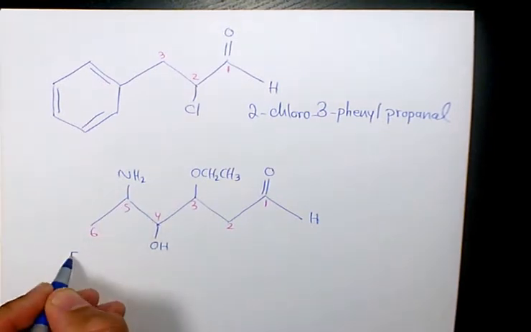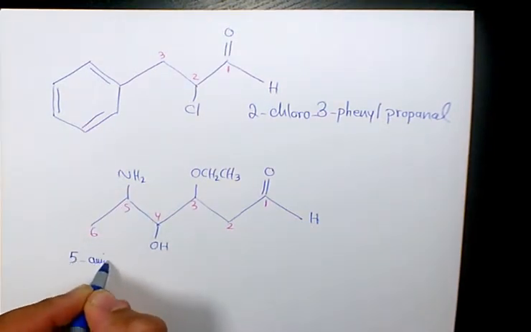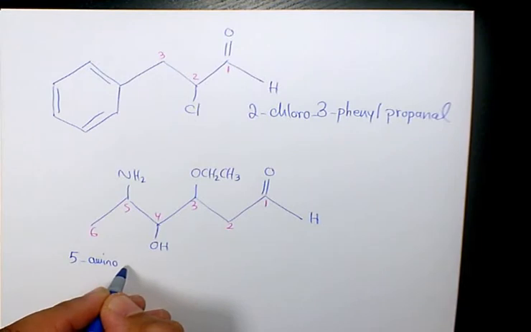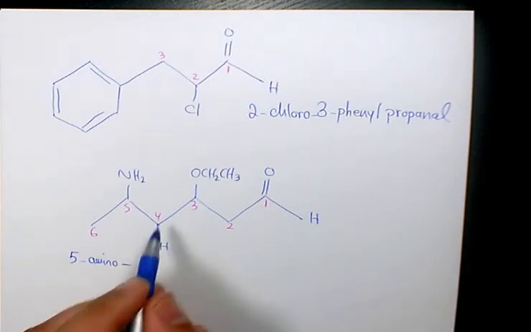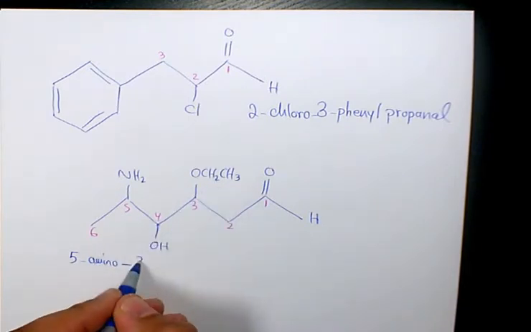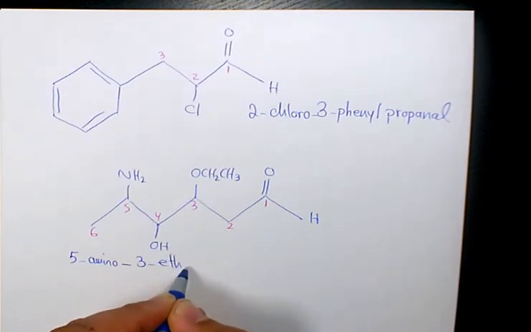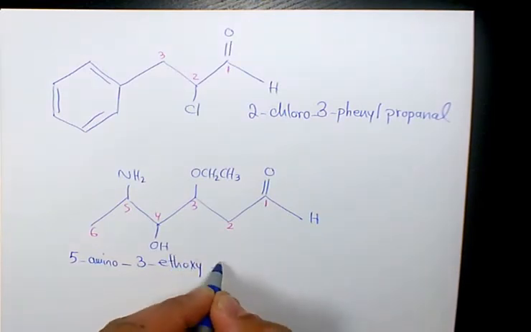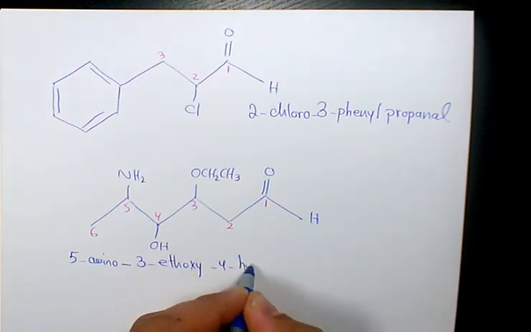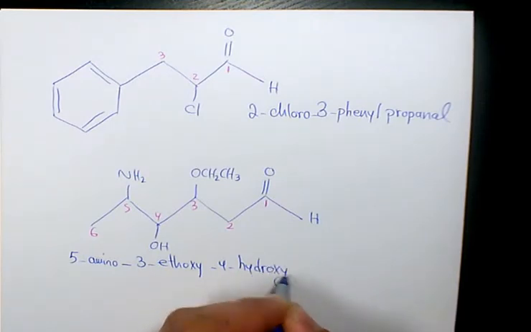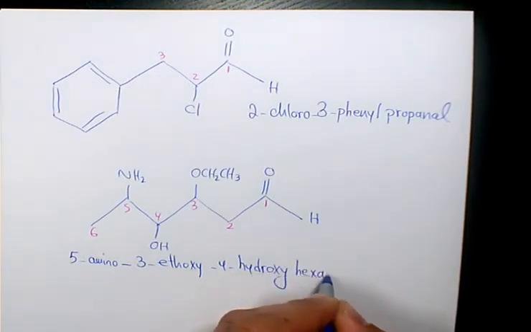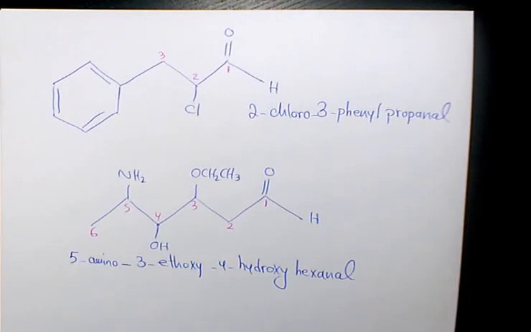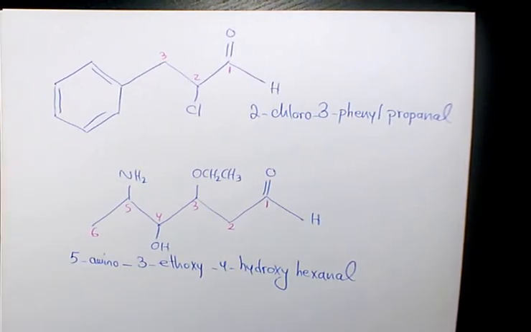So 5-amino, then hydroxy or ethoxy. Ethoxy comes first. 3-ethoxy, 4-hydroxy, hexanal. This is going to be the name of this organic compound.